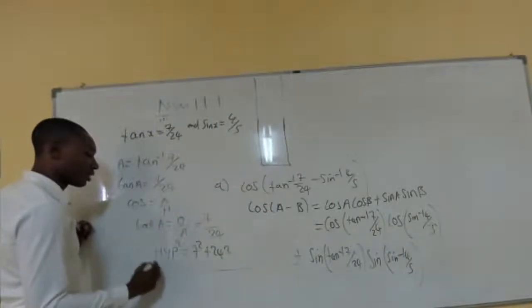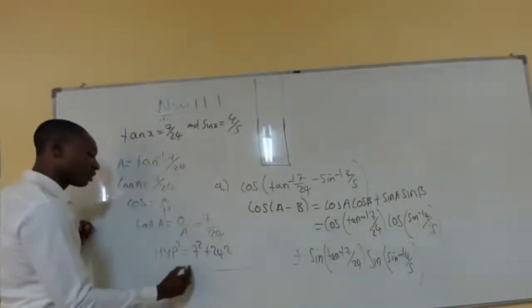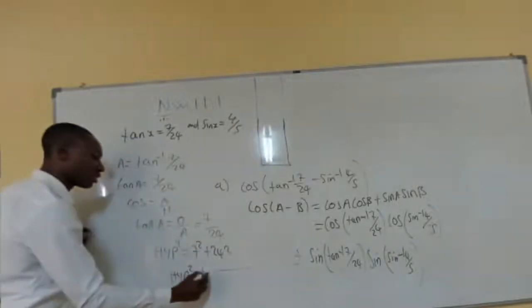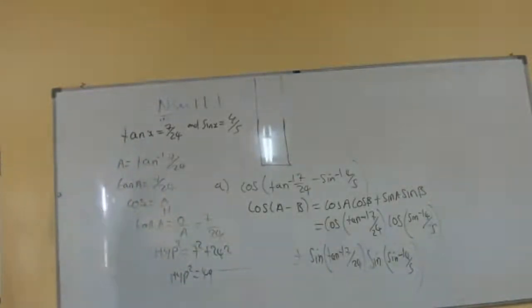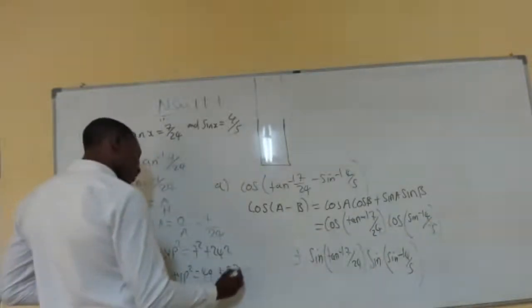So 7 times 7 is 49, then plus 24 times 24, which is 576.